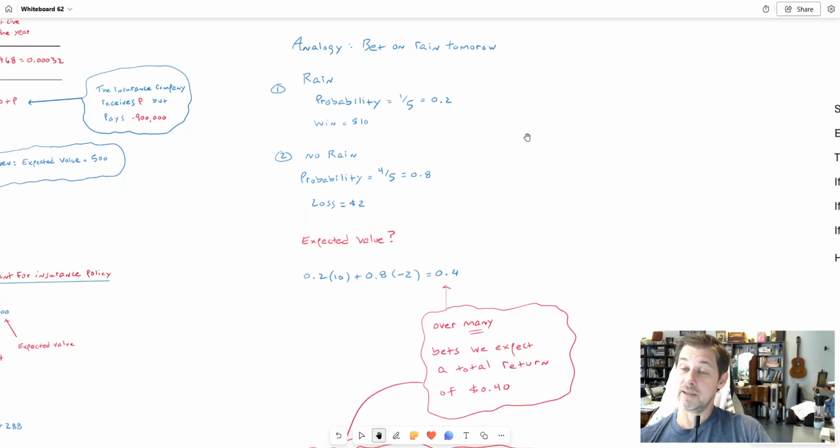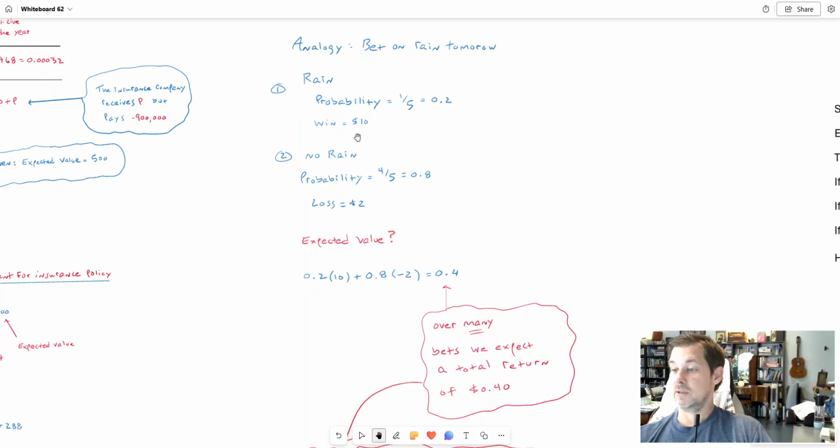Suppose I want to bet on whether it rains or not tomorrow. Suppose it rains with probability 1 out of 5, and I win $10 if it rains. If it doesn't rain, the odds of that happening are 4 out of 5, and I'll lose $2. So it's kind of like that over there. There are two things that could happen, a win or a loss.